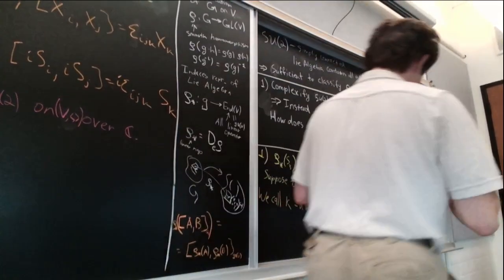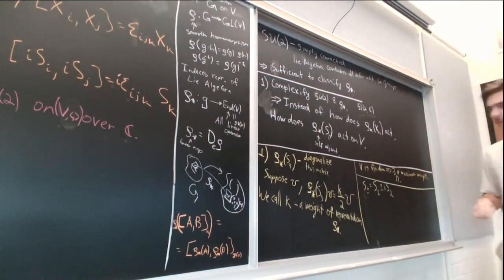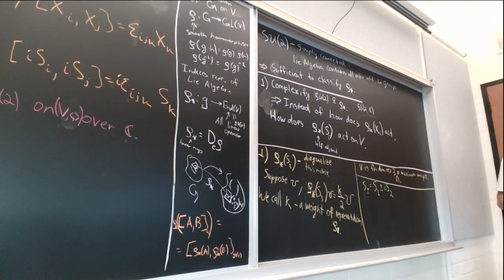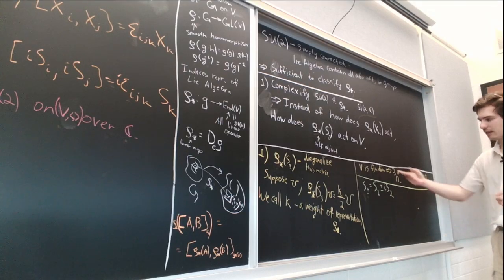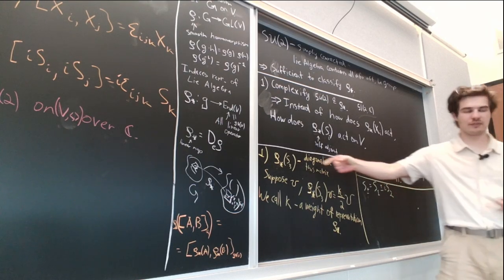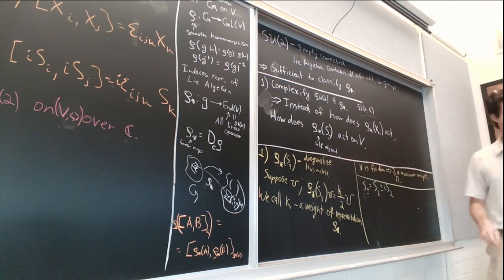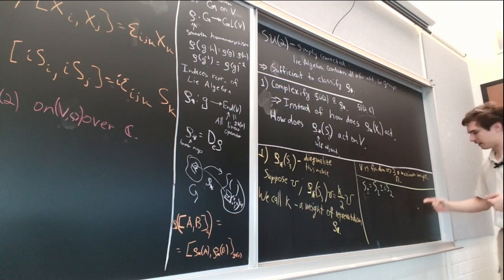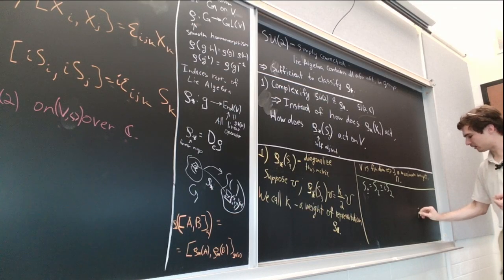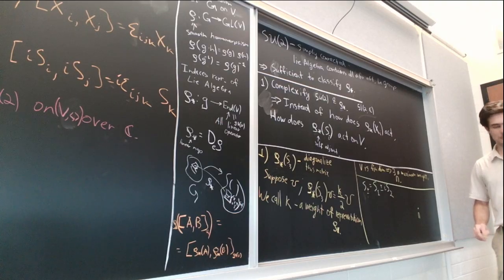Don't worry. Okay, so we've done this, and what's the strategy going to be? So I have these vectors, and I have these eigenvectors of essentially S3, and there's one that has this highest weight. Do you agree?